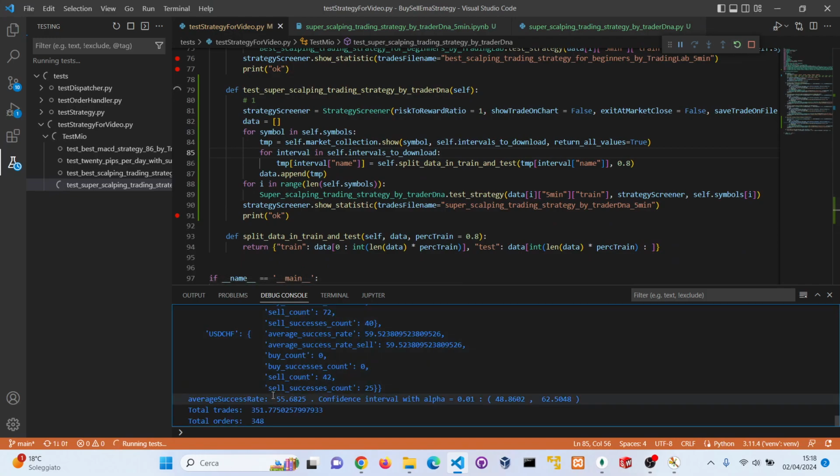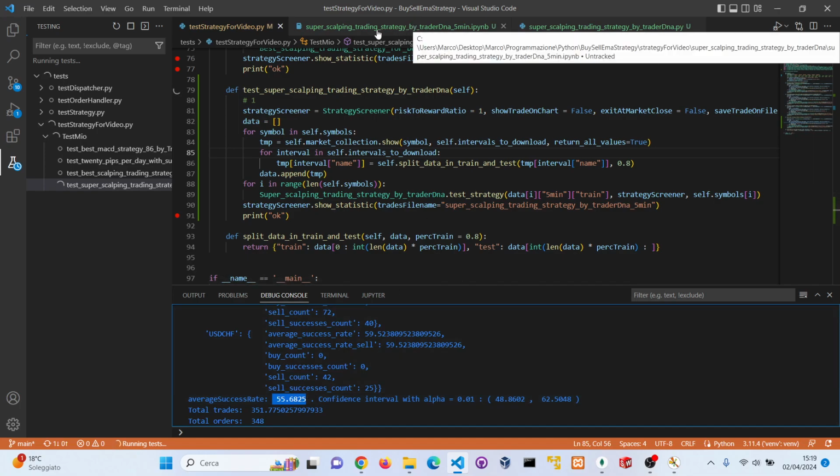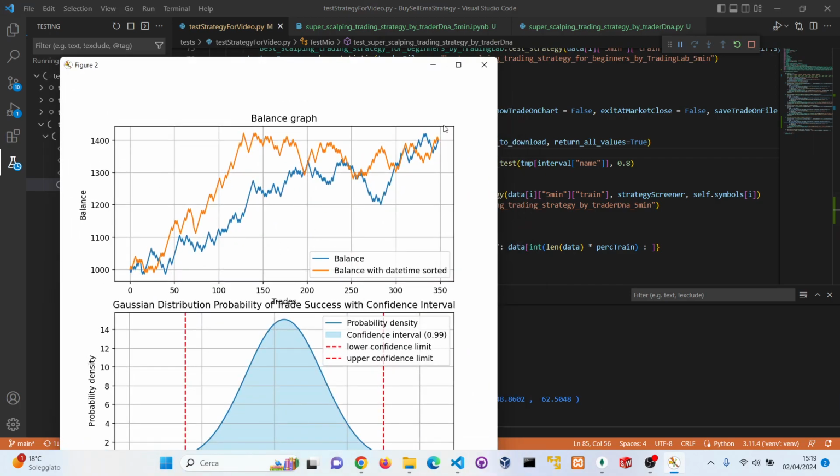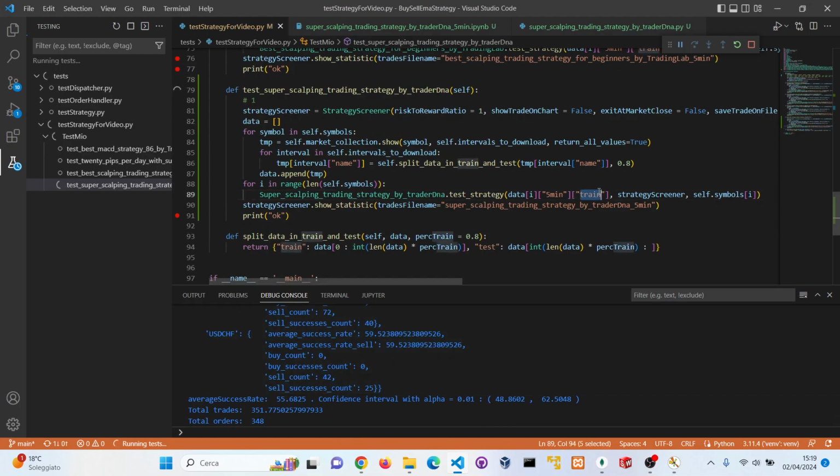Okay, as you can see, the average success rate is the same as we saw in the file of statistic techniques, and you would have been profitable during the time the strategy was tested. So let's try on the test dataset. I remind you that my program hasn't seen the test dataset yet, so it's totally new.